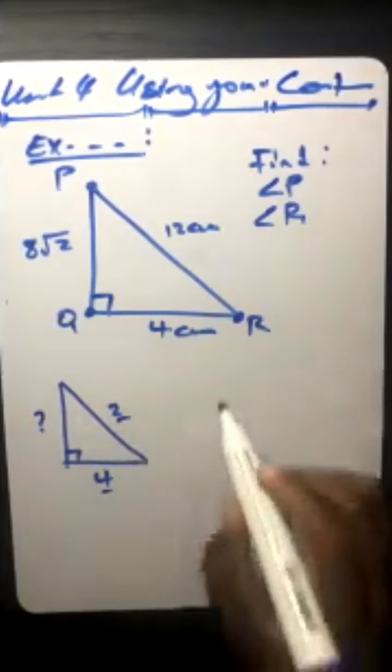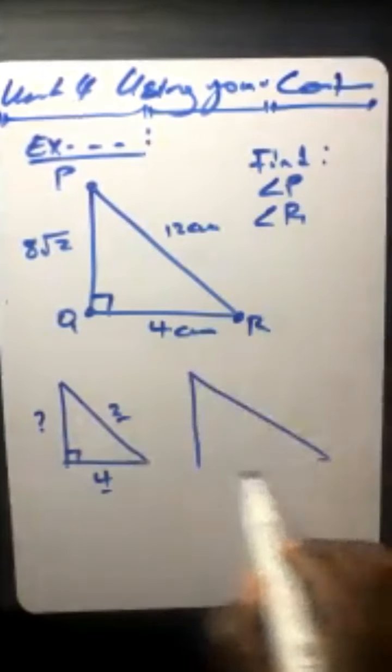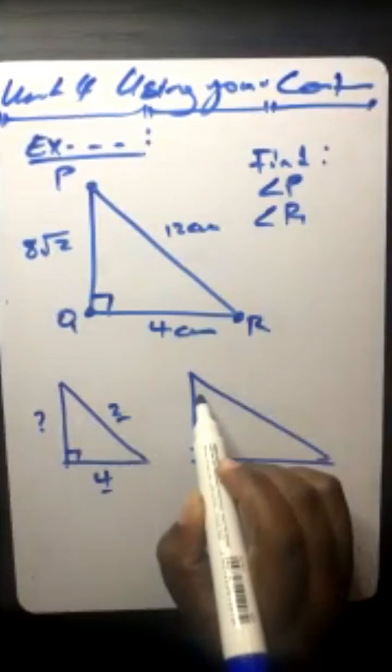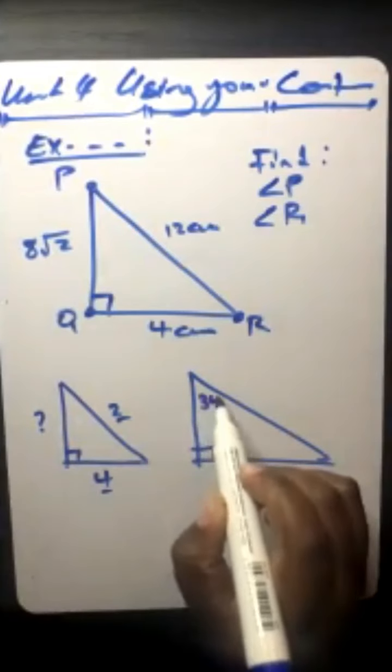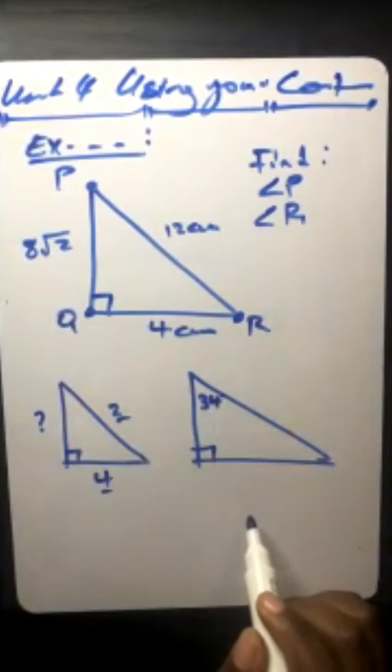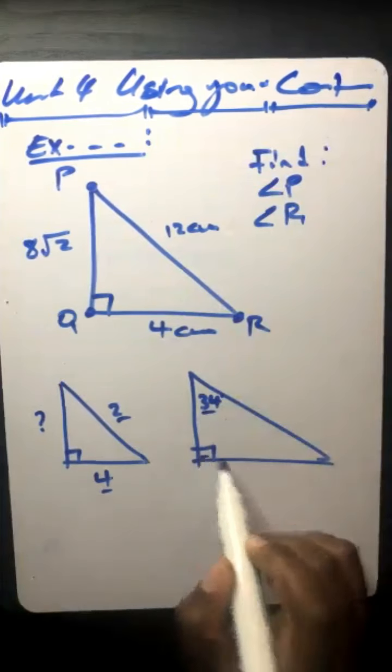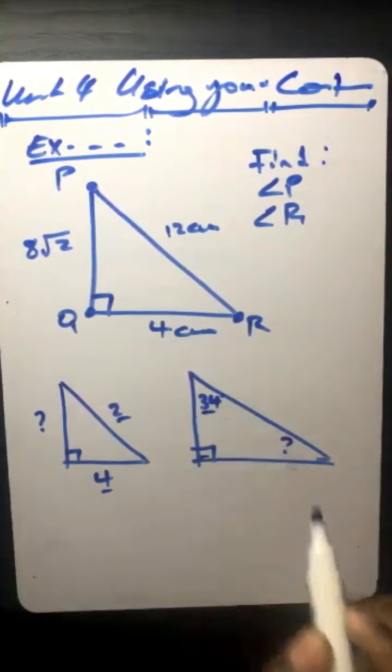And again, in a right angle triangle similar to that, if we know maybe this is 34 degrees, how many angles do we know there? 2 angles. So if we know 2 angles, it means we can know the third angle.